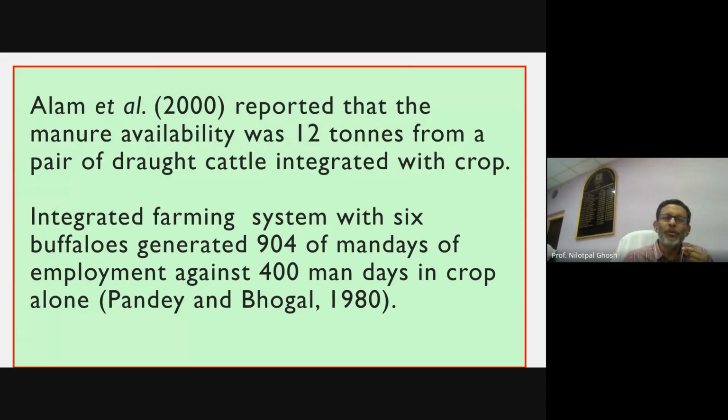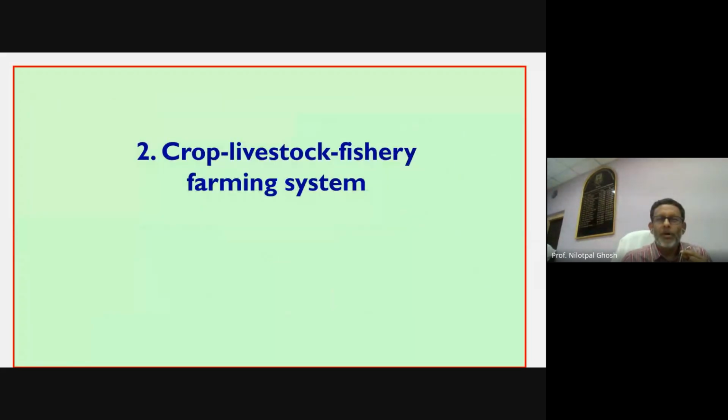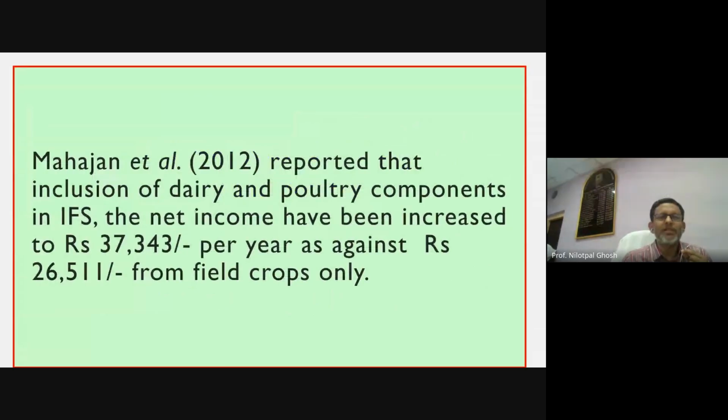Now, so if buffalo is integrated, the man day is increased. Instead of 400 man days employment, it will be nearly more than double. And in case of crop livestock fishery farming system, you see Mahajan said that inclusion of dairy and poultry in integrated farming system, the net income has been increased to 37,000 per year against 26,000, round figure.